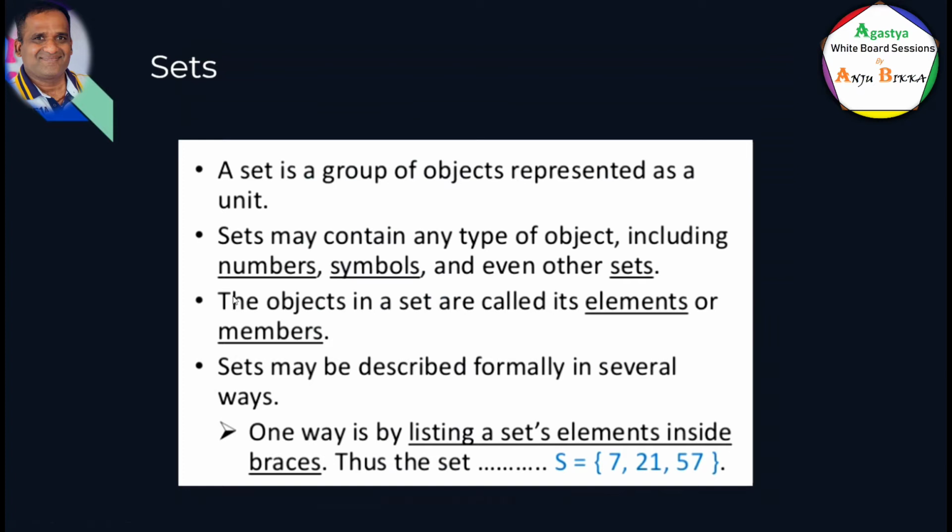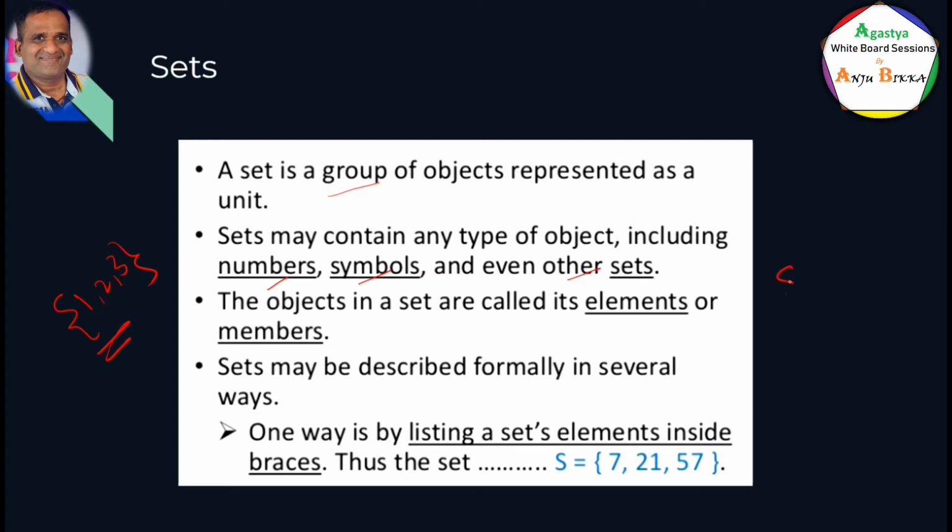What is a set? A set is nothing but a group of elements, a group of objects. A set may contain any type of objects, including numbers, symbols, or even other sets. For example, when we say the set {1, 2, 3}, this is a set of numbers.